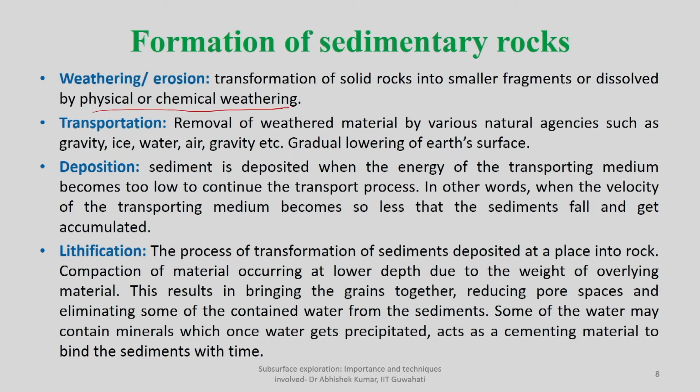This is called weathering or erosion. If it is fragmentation or dissolving because of flow, it is called a physical process. When chemical composition and precipitation are responsible, you call it chemical weathering.